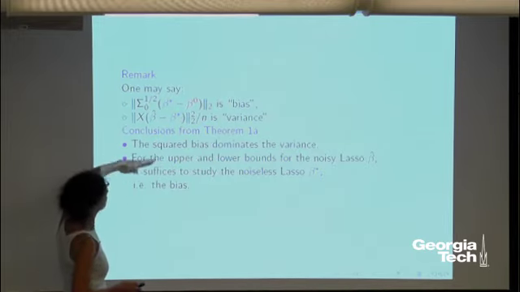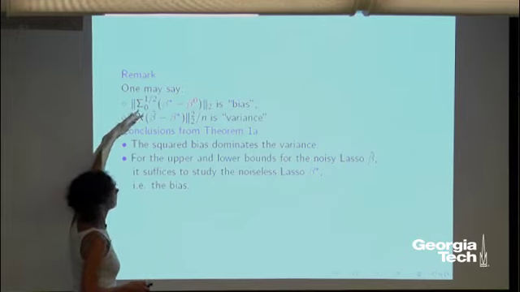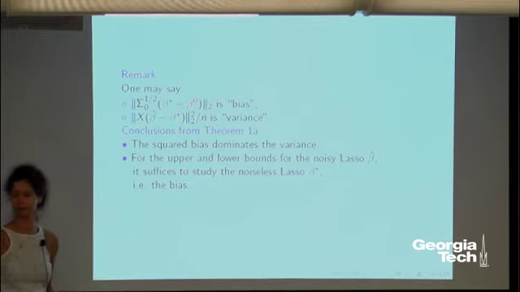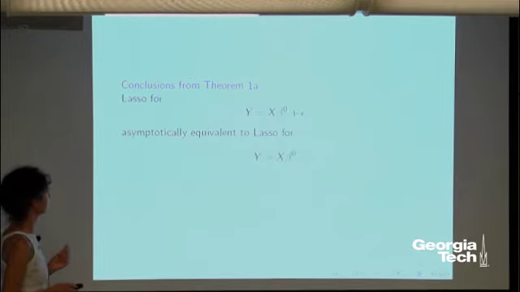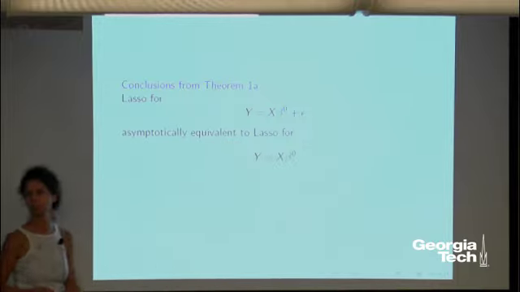And that theorem which I just showed you says that this term is of larger order than this term. Okay, so you might as well look at the noiseless lasso to get tight bounds because that's the main term. Okay? Yeah, so asymptotically these two are equivalent.